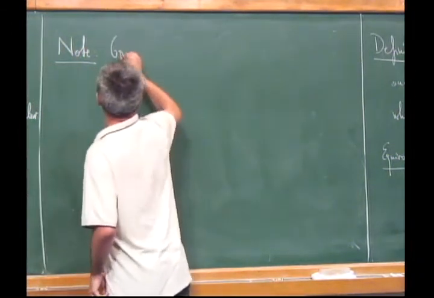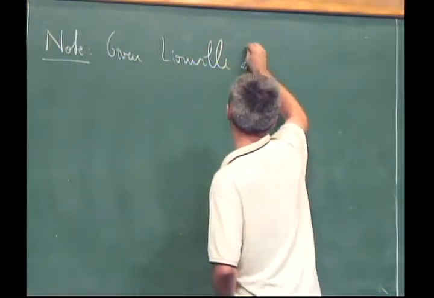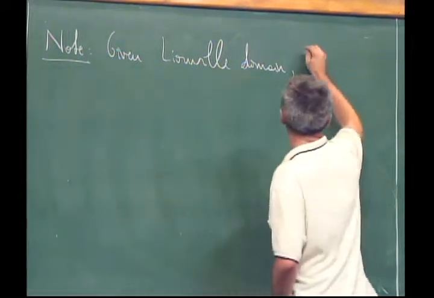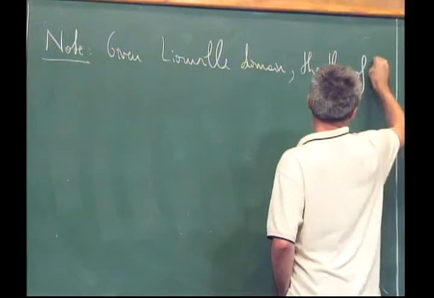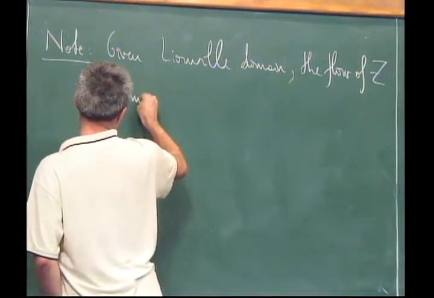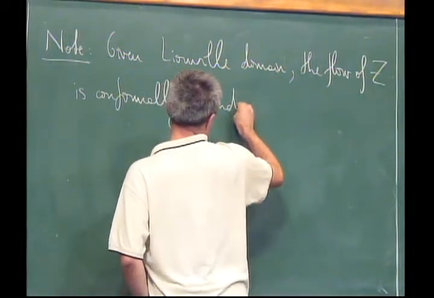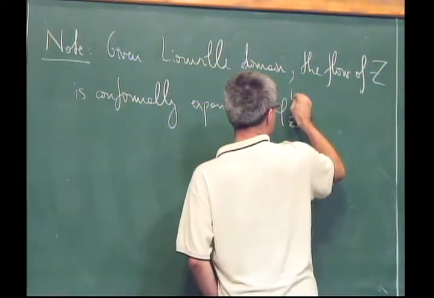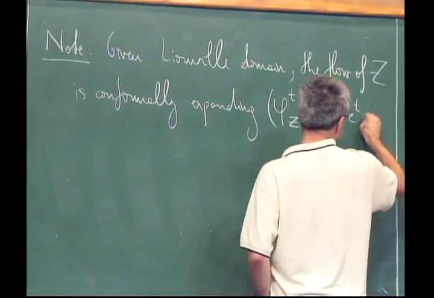So note that given a Liouville domain, the flow of Z is conformally expanding. Meaning that if I write the flow by phi_Z at time t and pull back the symplectic form, I get e^t times the symplectic form.